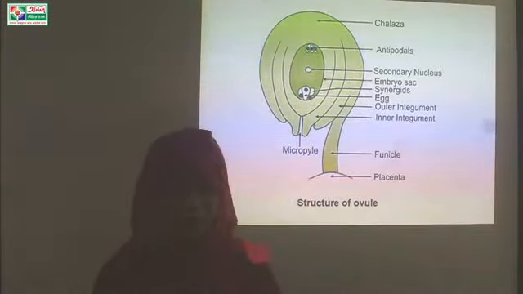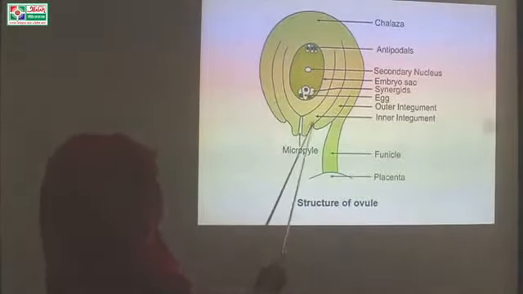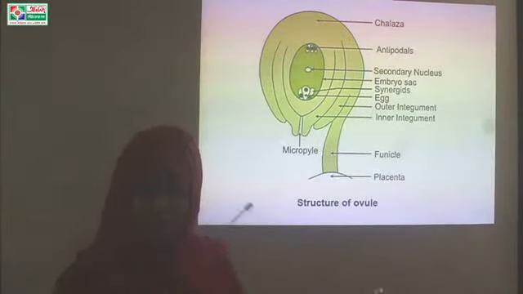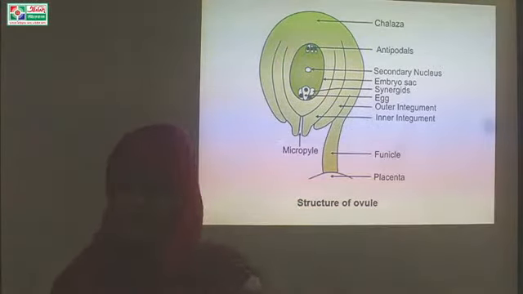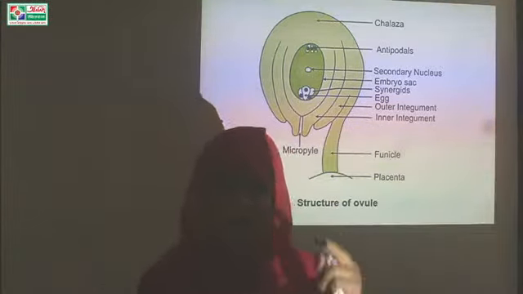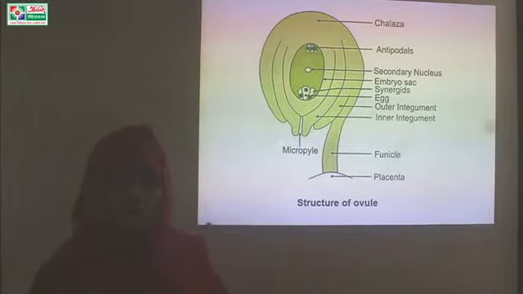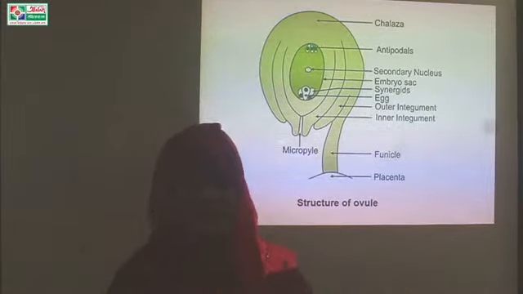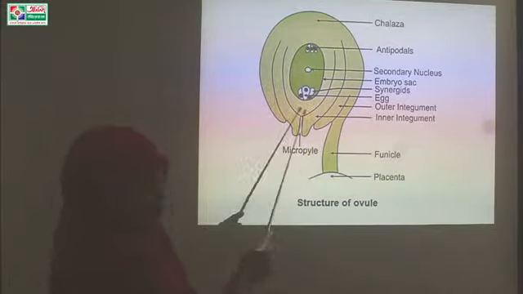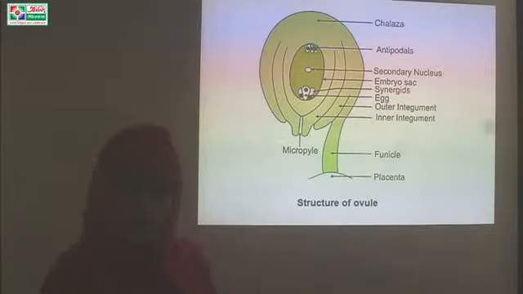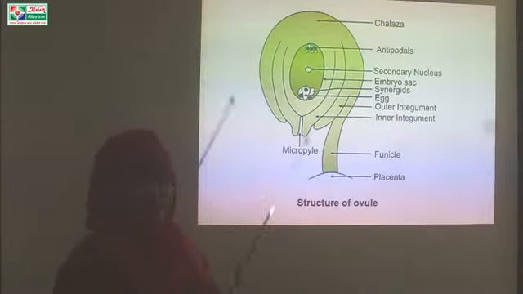What is an anatropous ovule? An anatropous ovule is the ovule in which this portion, the body part, is inverted. The whole ovule is inverted and the micropylar side is bent down towards the funicle.